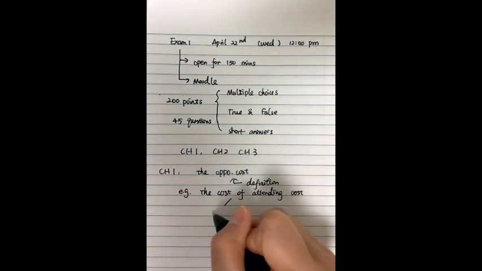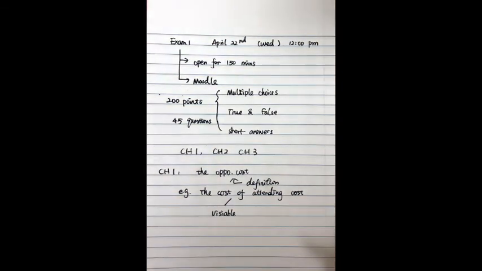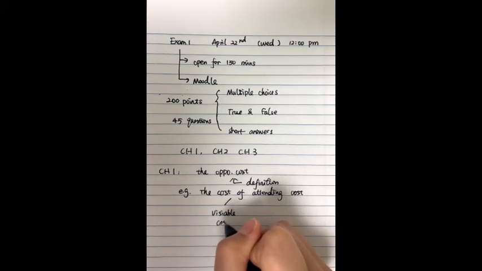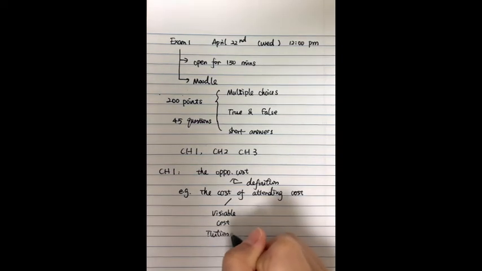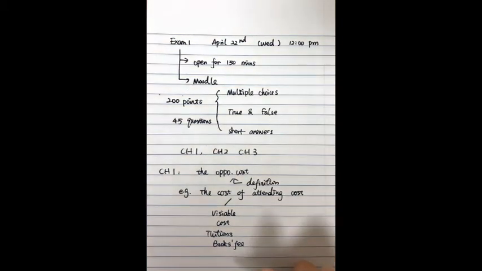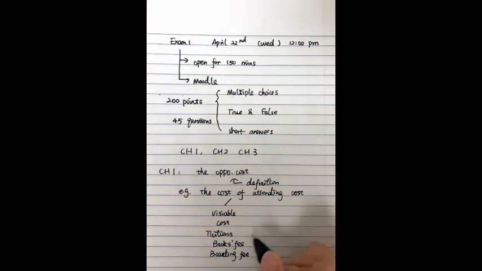Those are what we call visible costs. Including tuition, it might also include the book fees, or the apartment fee that we call the boarding fee, okay? Those could be our visible costs.